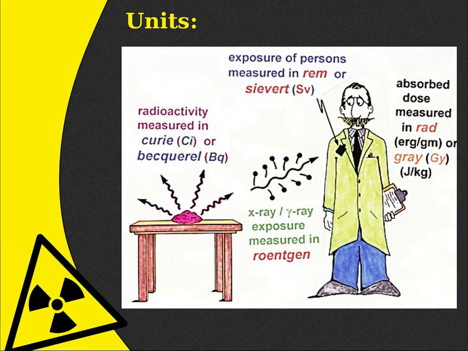When it interacts with our body, we can measure it in rem or sievert, the most commonly used unit. And if it gets into the body, then we can measure it as energy per mass, which is the gray and the rad.